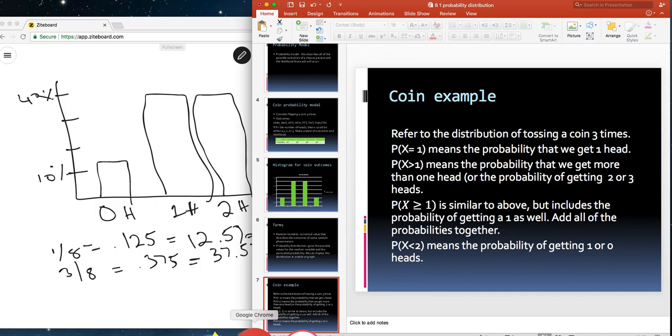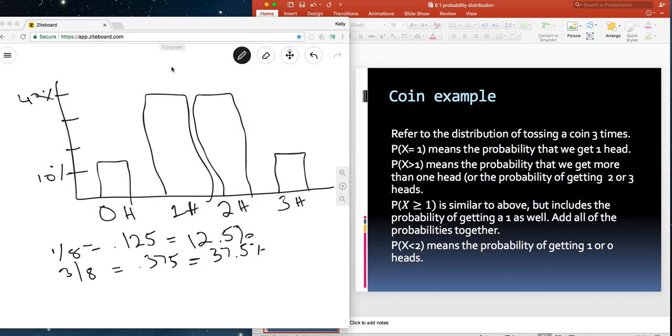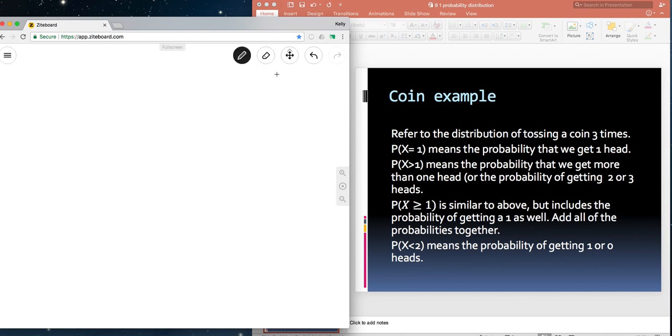Let's go over some more terminology before we move on to some new examples, because I want to make sure you guys get all of this. So this is going back to our probability distribution of flipping a coin 3 times. If you remember, we had 0, 1, 2, and 3, and our probabilities were 1 out of 8, 3 out of 8, 3 out of 8, and 1 out of 8. And we're going to use this to answer questions.